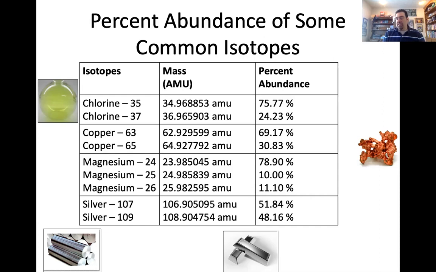Okay, silver is interesting, right? So if we look at silver, you will notice that the percent abundance isn't quite, but it's close to 50-50, right? So it's almost 52-48, 107 and 109. Well, if it was exactly 50-50, then the average would be 108. And I want to show you guys what the average actually is for silver. So I'm going to pull up my periodic table here.